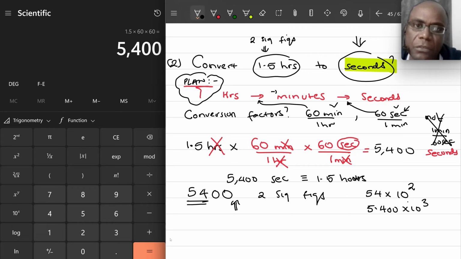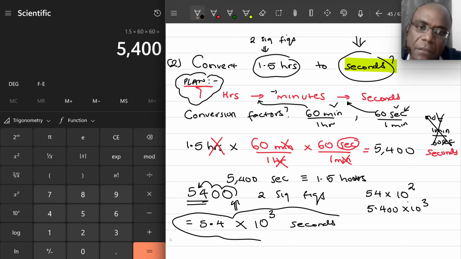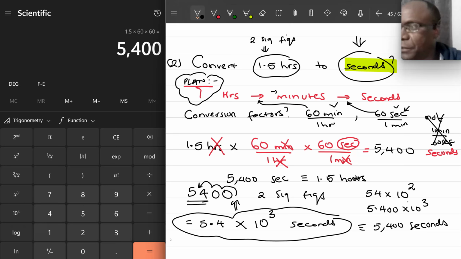So to report these to two significant figures, I use scientific notation, which is where we introduce 10 to the power. Assume the decimal is here. We are going 1, 2, 3 decimal places. So this will be the scientific notation version of our 5,400 seconds. So I've shown you how to use conversion factors. At least now it's just to apply with all other SI units.